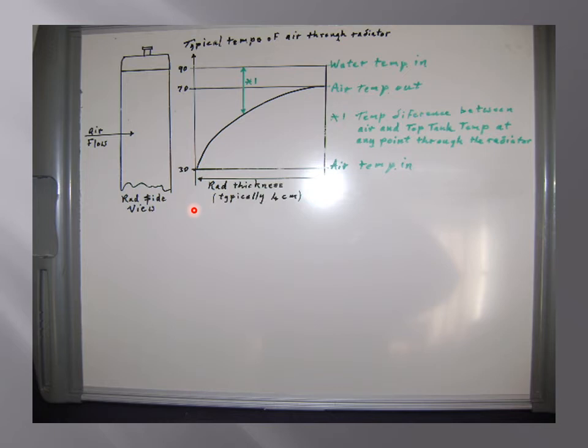You'll see that as the air goes through the radiator, its temperature follows this curve. Since the heat transfer is given by the difference between this air temperature and the water temperature, as you move through the radiator, this gets smaller and smaller.